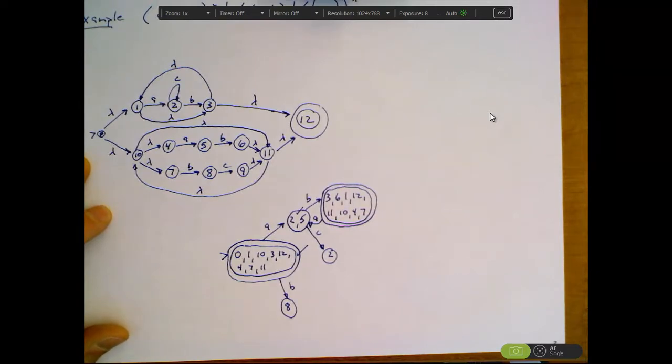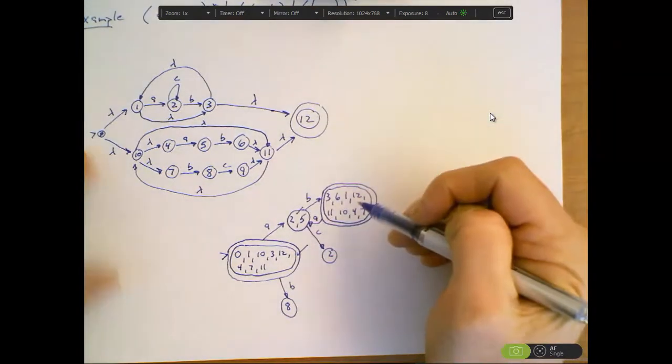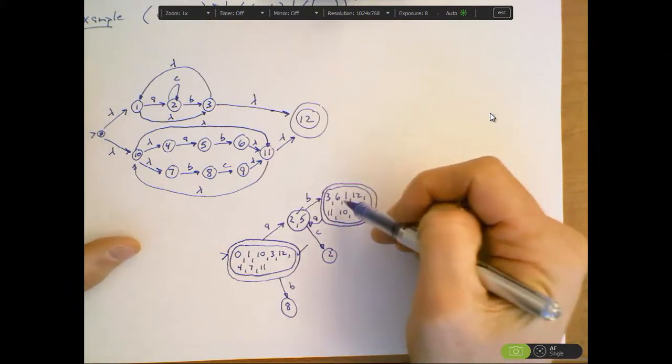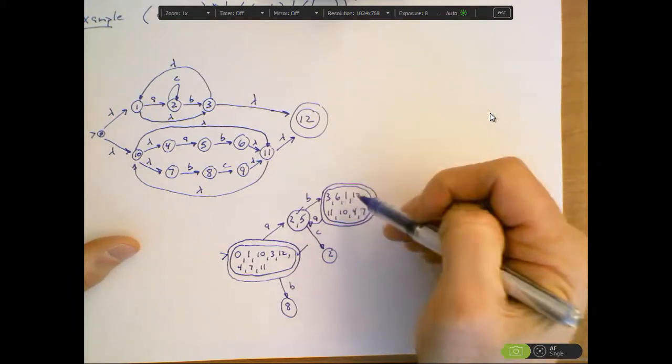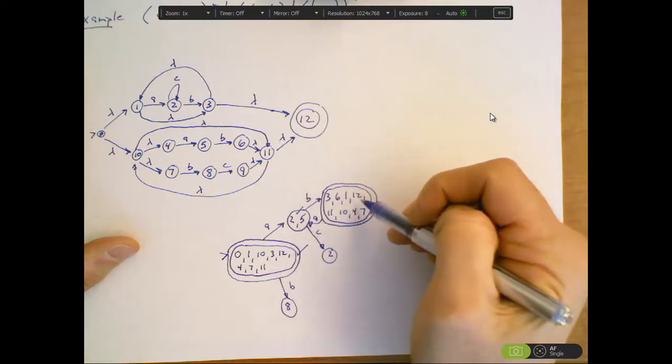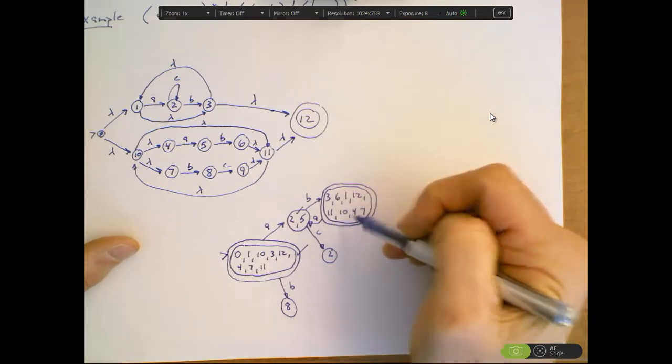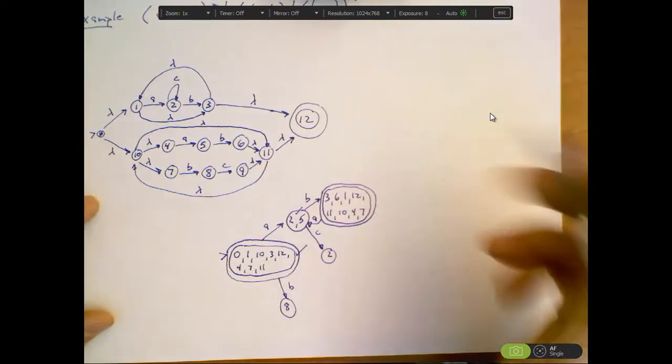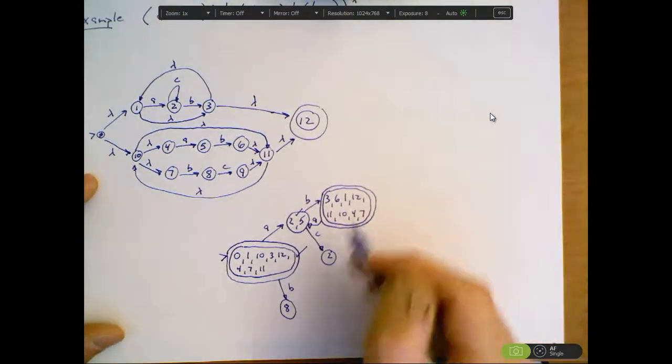What about on a B? 3, again, can't do anything. 6 on a B, no. 1 on a B, no. 12, no. 11, no. 10, no. 4, no. 7 on a B, though, I can go to 8. So that means I've got to draw an arc around here.